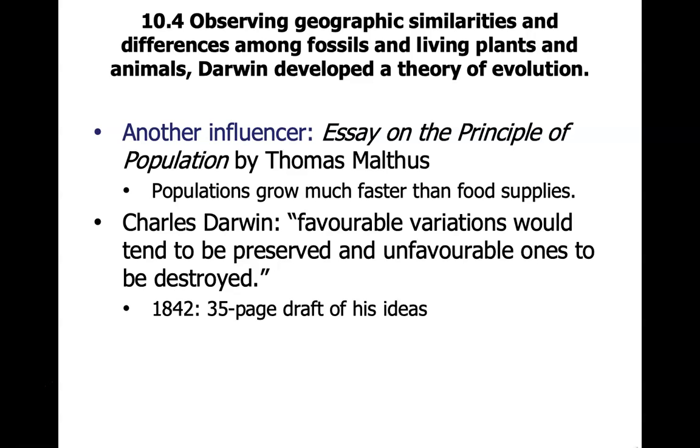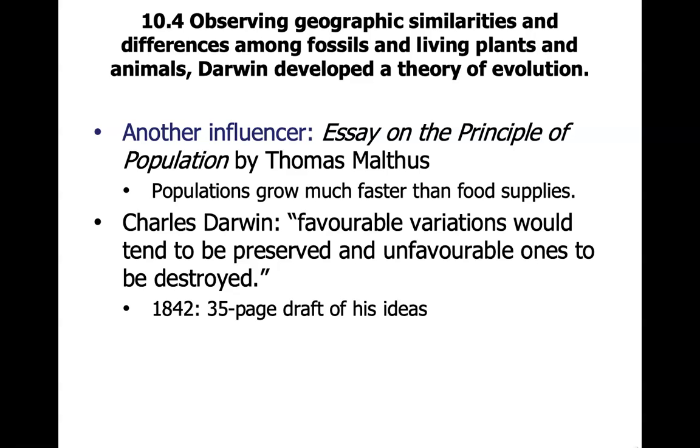So Charles Darwin took Charles Lyell's ideas on geology and gradual change, and then he also took Thomas Malthus's idea that there's competition, that organisms produce too many offspring, and he suggested that individuals who are better suited to their environment are basically going to win, and those who don't have favorable characteristics are going to lose.